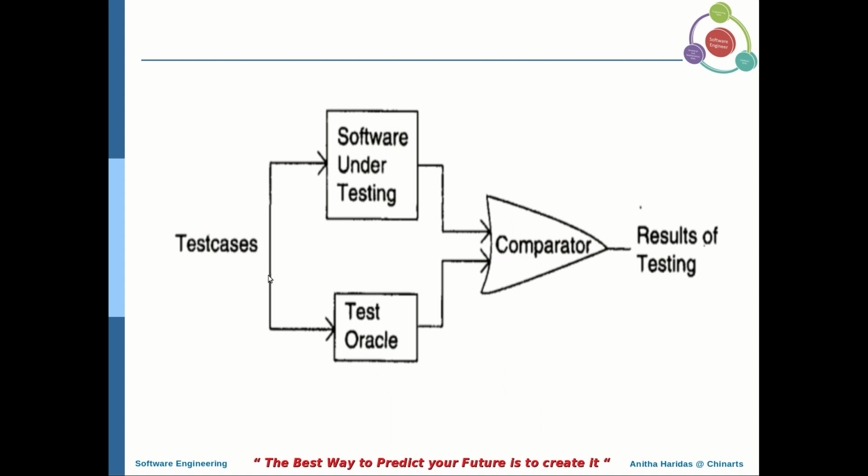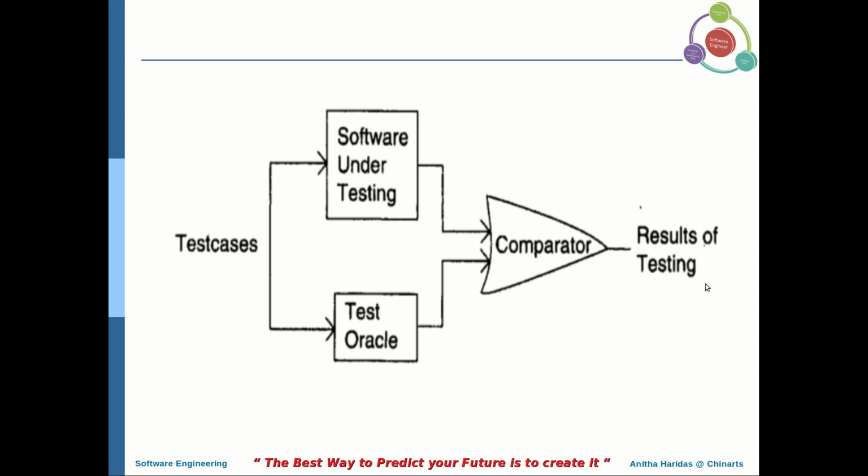You will have a set of test cases, you will have the software under testing, and you will have the test oracle. Test oracle is a mechanism. Whatever output is generated by this software, and test oracle will have the set of expected output or expected behavior. Both will be given to a comparator and it will be generating the results of the testing process.